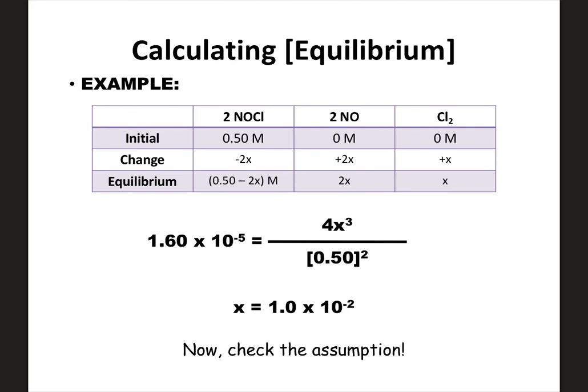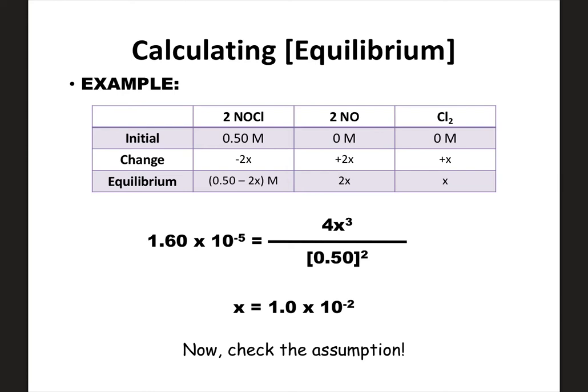So like I said, when you start to simplify and rework this problem here, on the bottom you just have 0.5 squared. When you do your math and solve for x, you get x being 1.0 times 10 to the minus second molar. All right, so now you could check your assumption here to make sure you were justified in actually crossing out that 2x, just to be sure here.